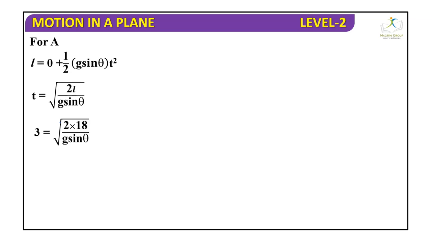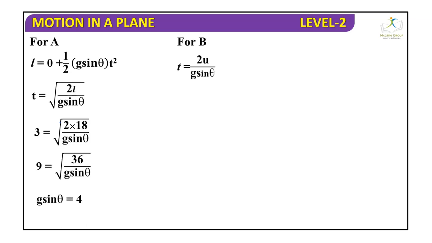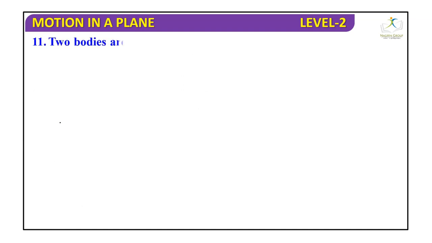If we put in the value of t, we get g sin theta is equal to 4. So for B, t is equal to 2u by g sin theta. From here, we can calculate the value of u, which is 6 meter per second. And from this, we can say the correct option is option 3.